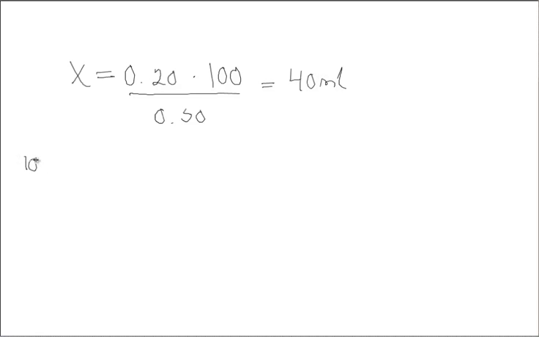So finally we take 10 milliliters from the stock solution of 10 times PBS. We will take 40 milliliters from the stock solution of glycerol, the 50% glycerol.